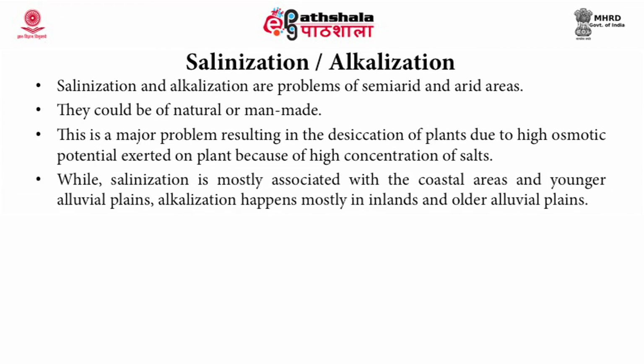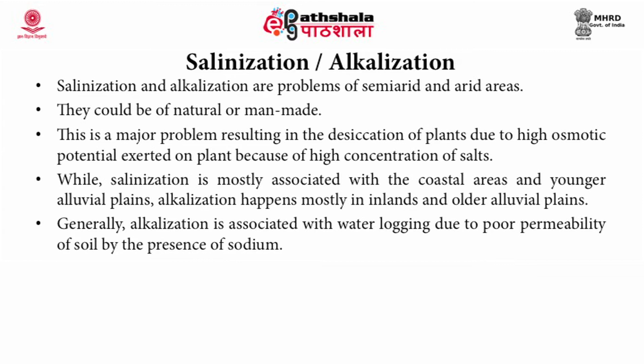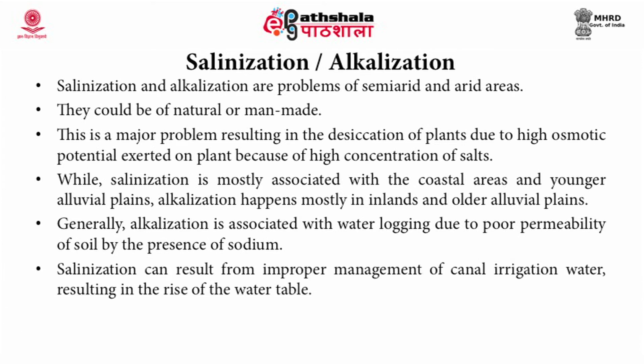While salinization is mostly associated with the coastal areas and younger alluvial plains, alkalization happens mostly in inlands and older alluvial plains. Generally, alkalization is associated with waterlogging due to poor permeability of soil caused by the presence of sodium. Salinization can also result from improper management of canal irrigation water, resulting in the rise of water table.